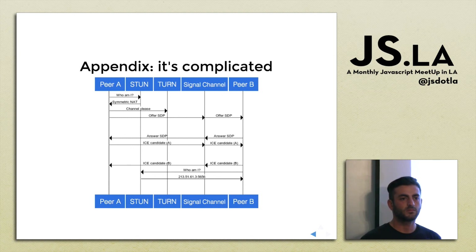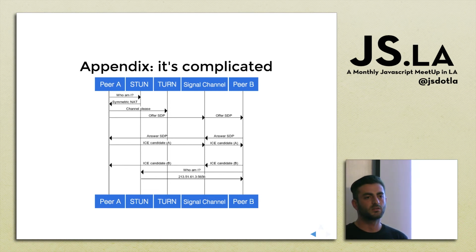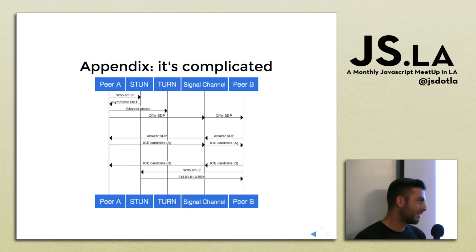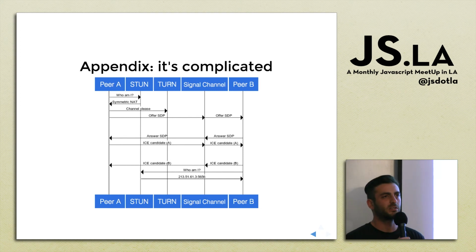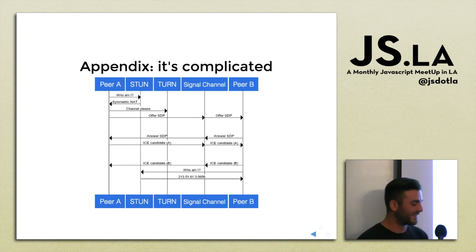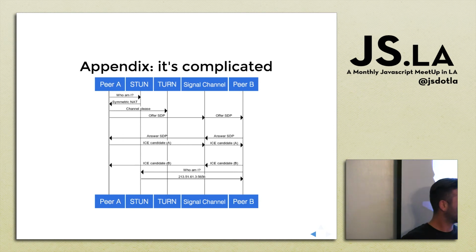I guess symmetric NATs are probably not that common, but are you worried that you're going to have a lot of bandwidth usage for the TURN servers? It's an interesting issue. So far, it seems like nobody has a symmetric NAT, because we've only paid like 20 cents in TURN server usage this whole time, and we've had a lot.